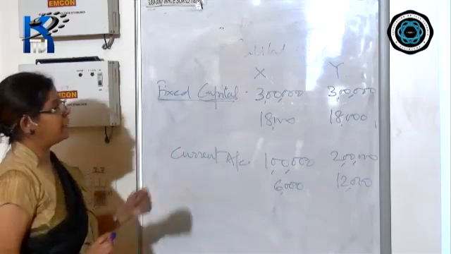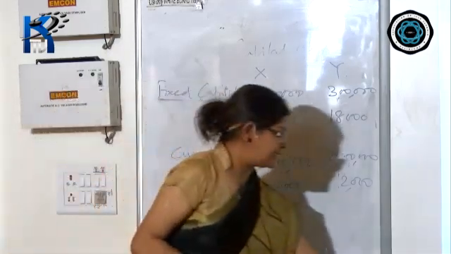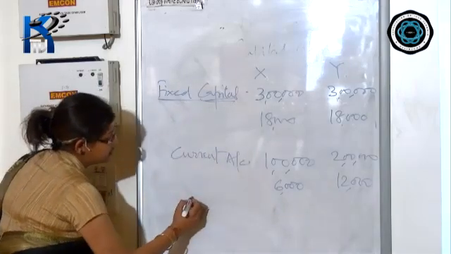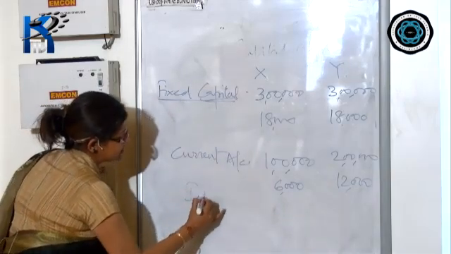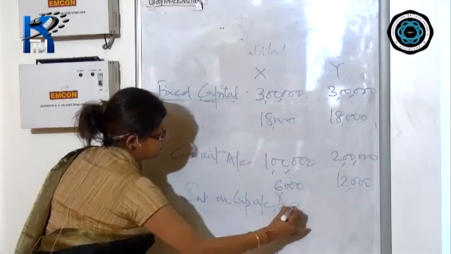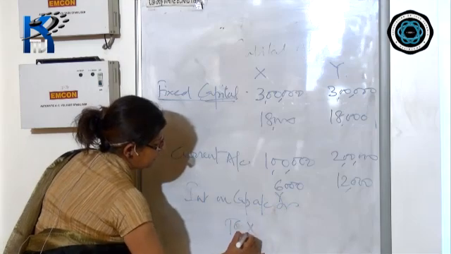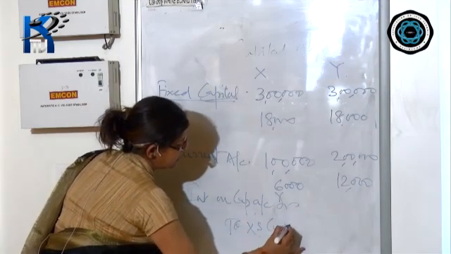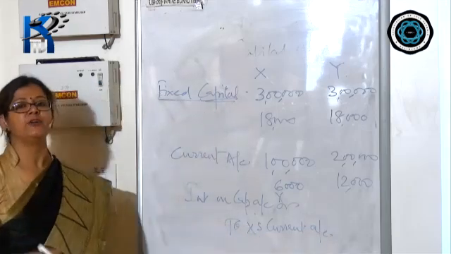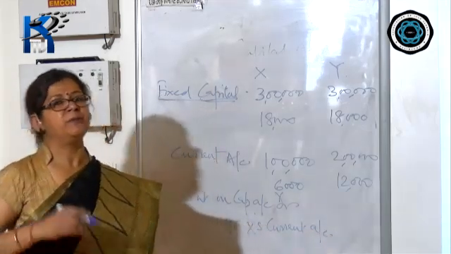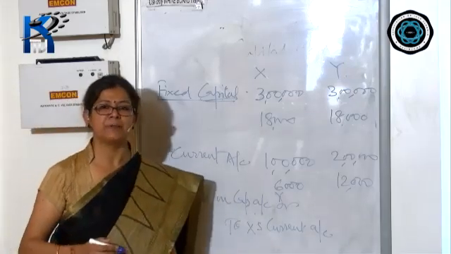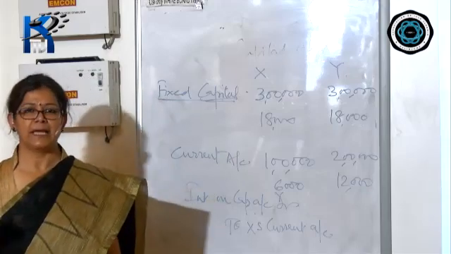Now how to go about the journal entry that we did in the previous slide. The journal entry would be interest on capital account debited to X's current account. Why did I take current account? Why did I not take capital account? The basic reason is the capitals are fixed. In case of fixed capitals, we do not touch the capital.